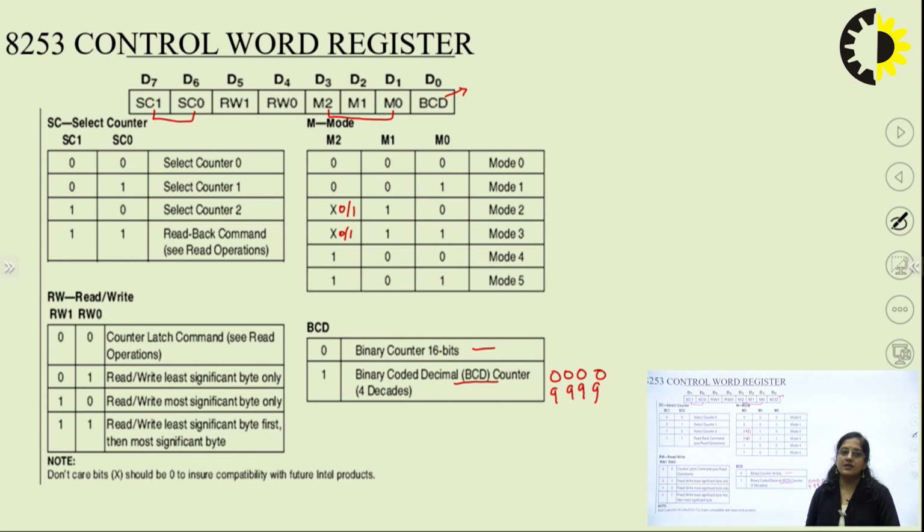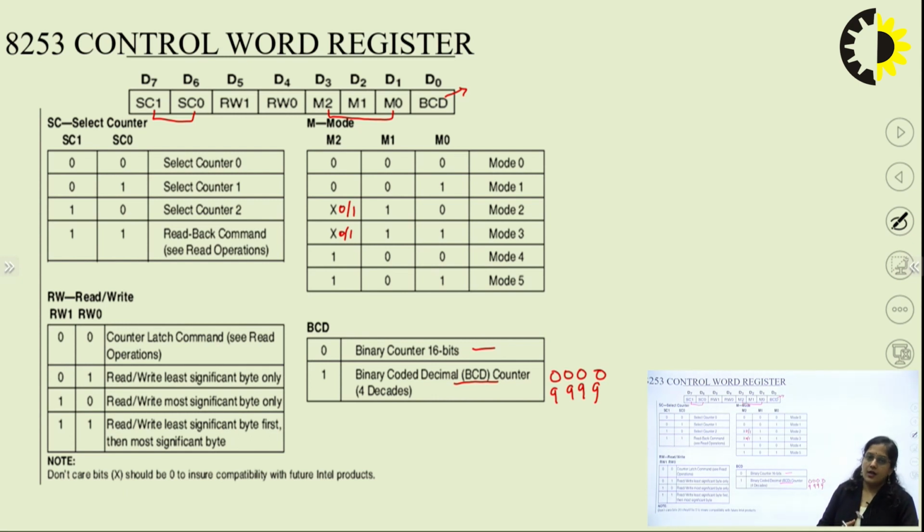Now the next thing is how we will write the data in the counter register. Whether we have to write 16-bit data, or 8-bit data, that is the lower byte or the higher, more significant byte. One more thing is whether we have a read operation.